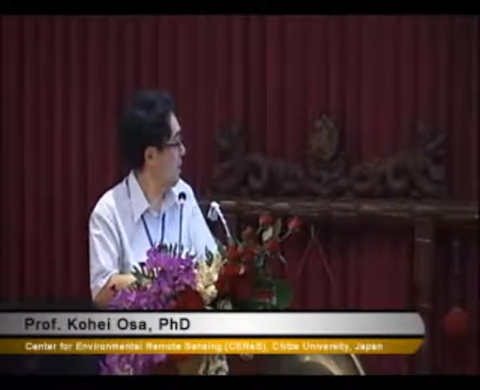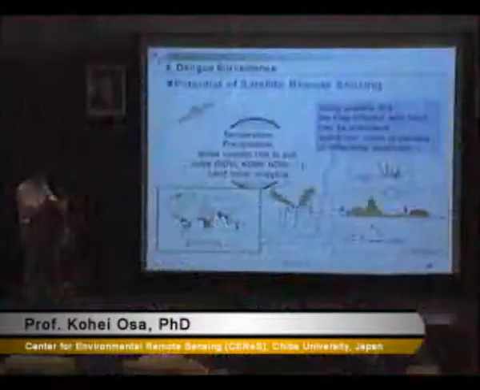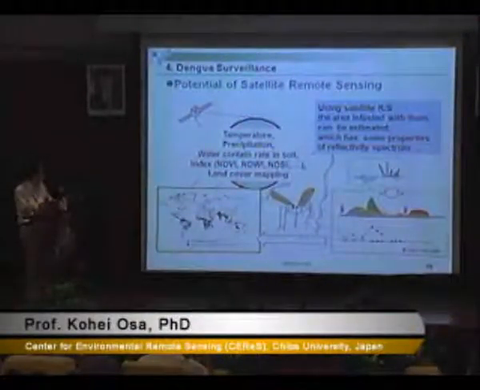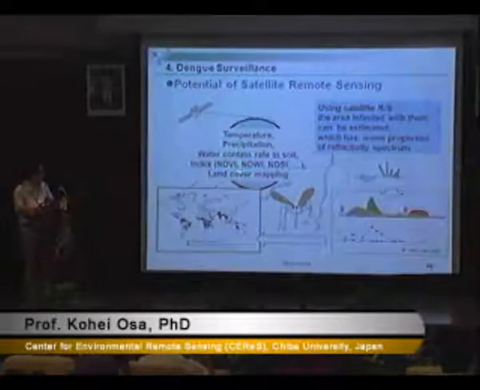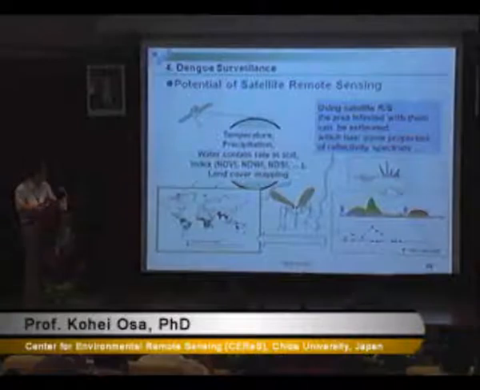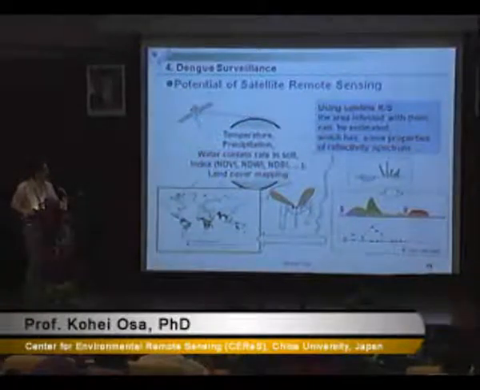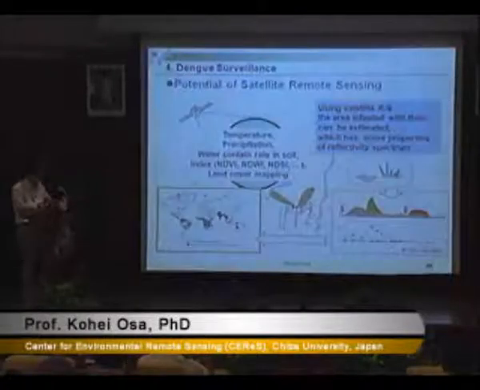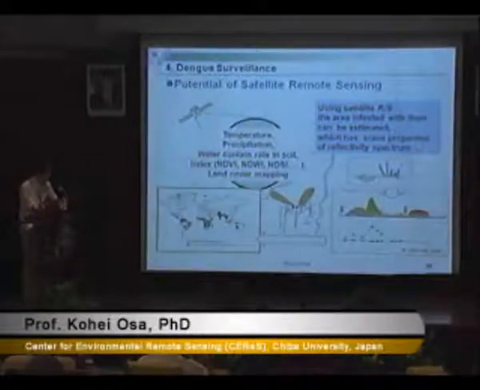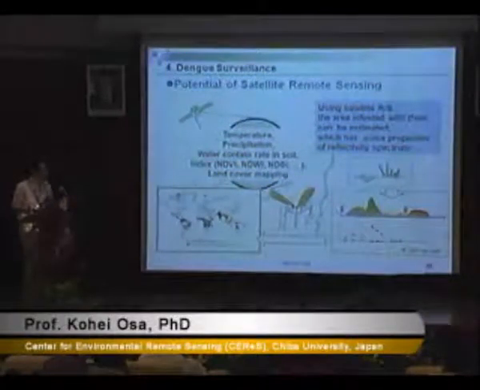I don't have a solution for dengue surveillance today, but in my opinion, starting surveillance means assuming an environmental model of mosquito growth, then designing a reflection or radiation model which can explain this environmental model, and selecting or developing some index which explains the model properties well, like NDVI, vegetation index, water index, or soil index, and so on.